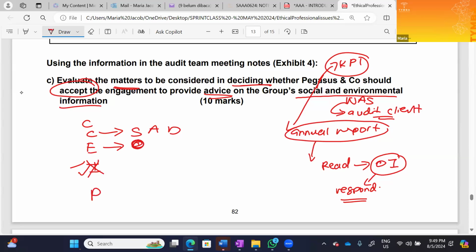And I am not going to talk about preconditions, because it's a non-audit service. I don't need to discuss that.